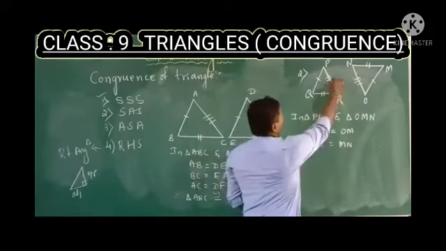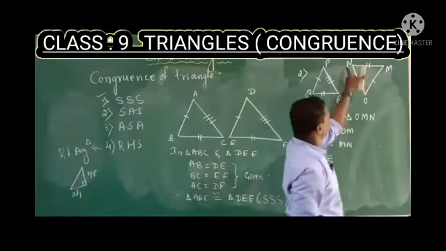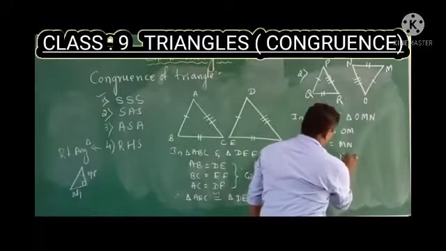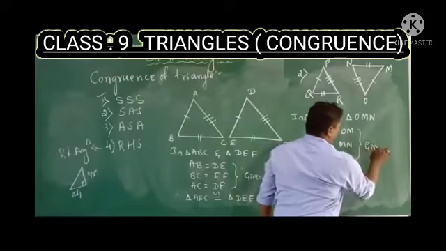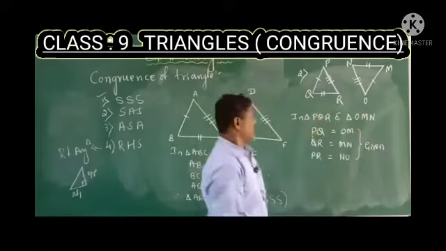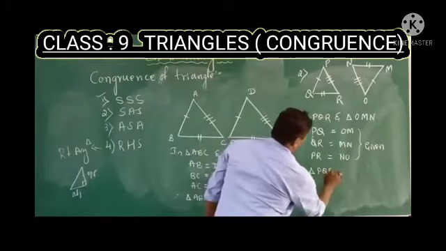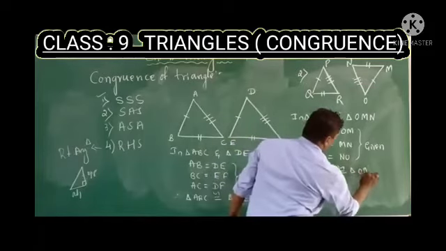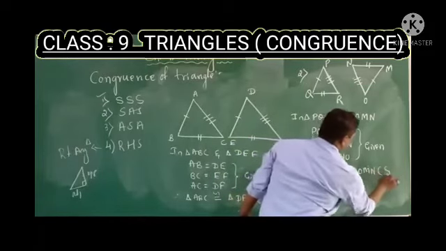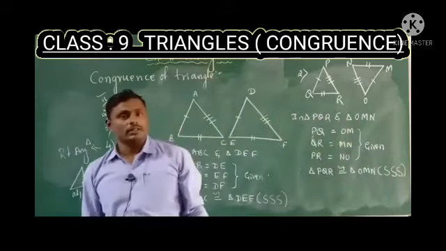Next, third, PR is equal to NO or ON. All these three are given data. Therefore, triangle PQR is congruent to triangle OMN by using the same property, that is SSS congruence criteria.